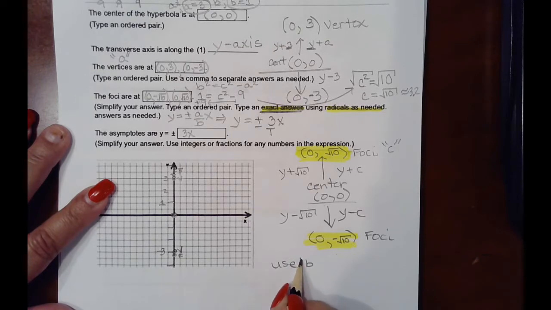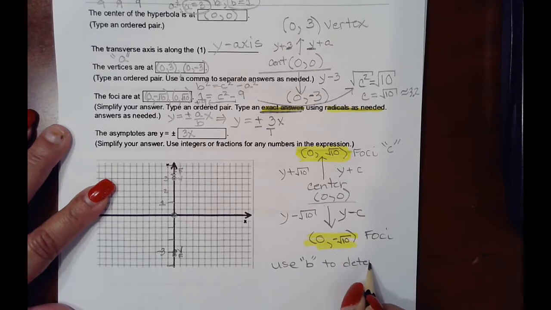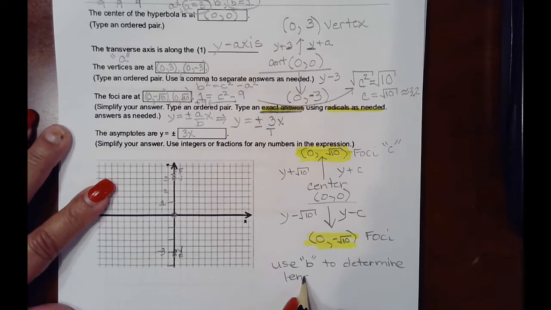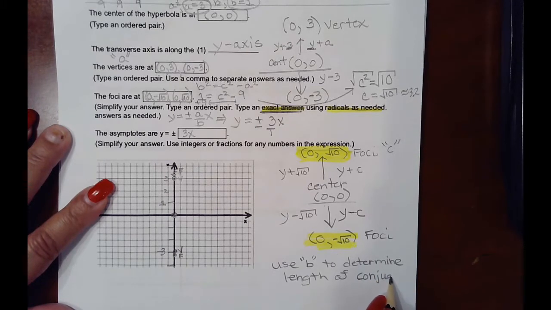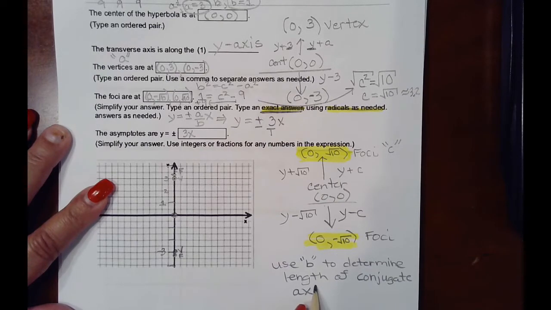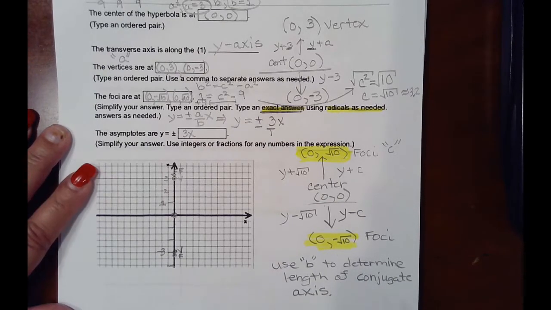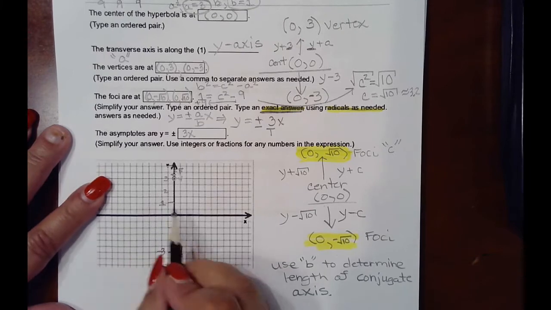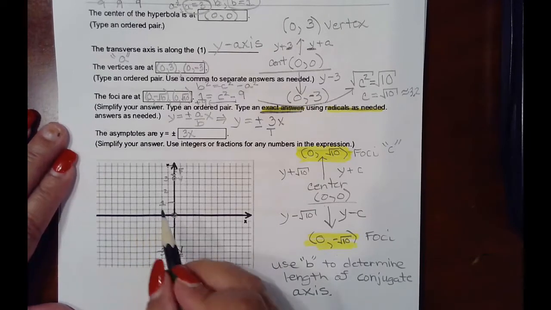Use B to determine the length of the conjugate axis. So for our B value, we're only going out 1 over 1.